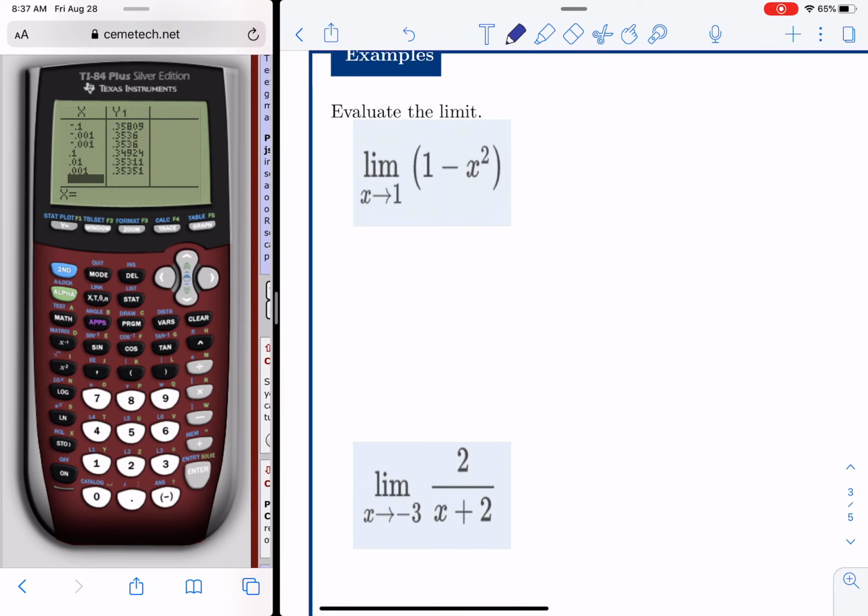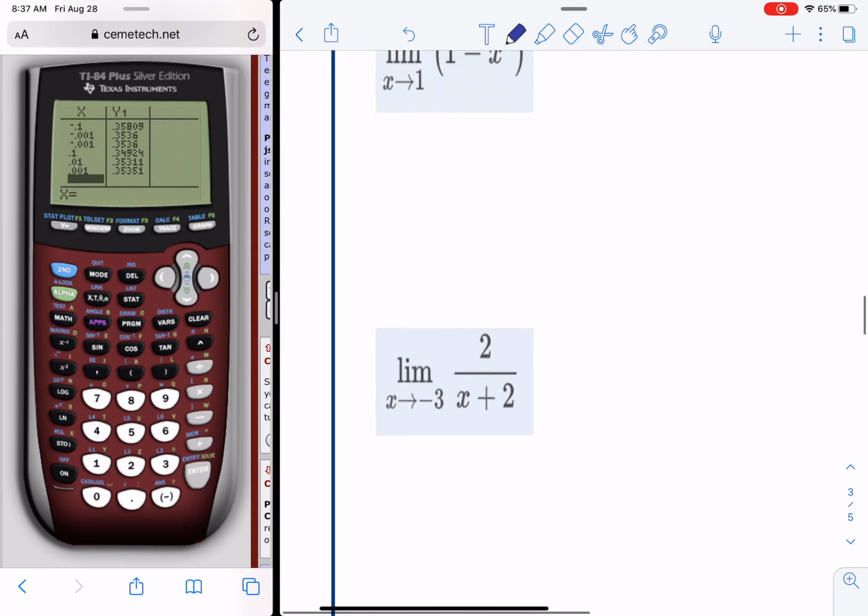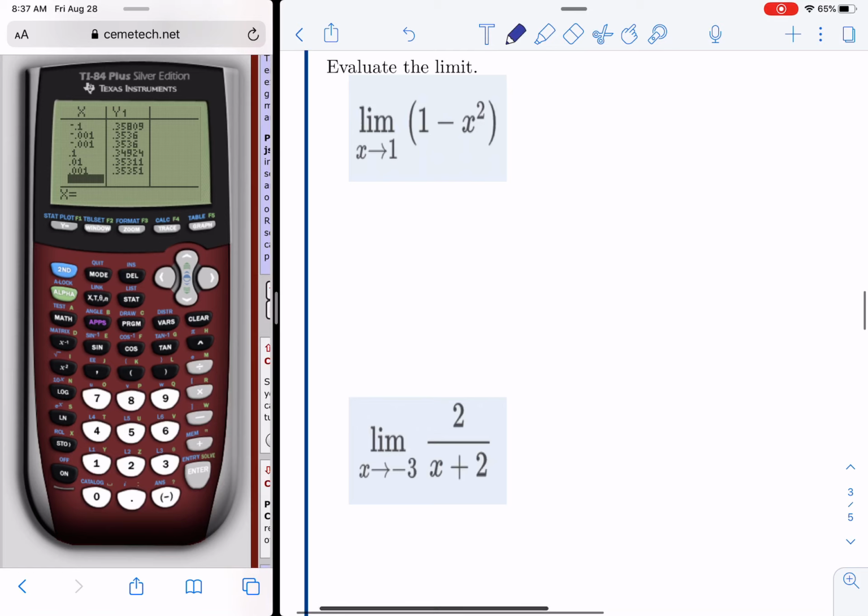So first up here we have a function f of x. F of x is 1 minus x squared. We want to know if it is continuous. So 1 minus x squared, I know it is continuous. If you graph it, no issues whatsoever. It is a continuous function, and it is continuous at 1 right there.